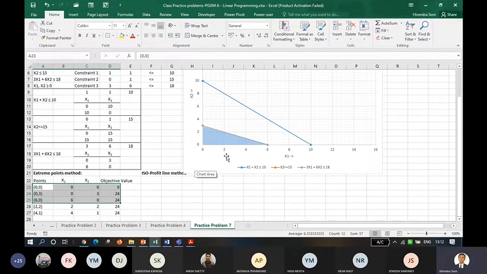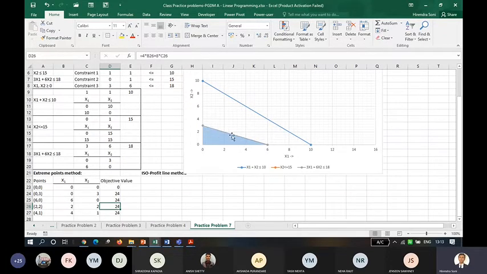Okay, so what I did was check out the other points on this same line. I started looking at this one, 2, 2. I checked it for 2, 2 and I got 24. When I checked this point, 4, 1, that is again 24. So that means any point on this line will give you a solution which is equal to the maximum objective value.